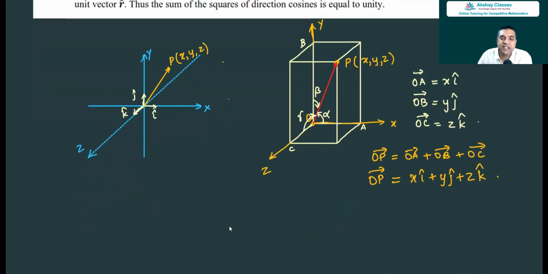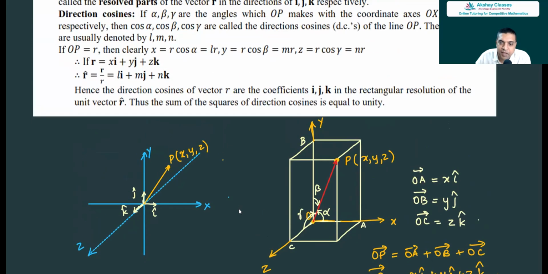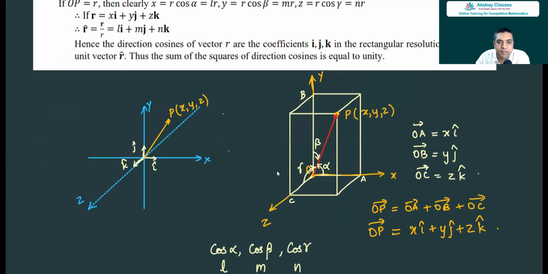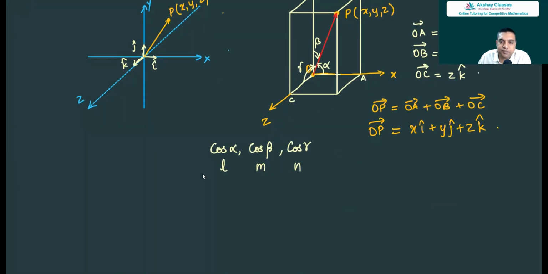So cos of these angles are called the directional cosines. Cos alpha, cos beta, cos gamma are called the directional cosines. They are represented by L, M, and N. Now, L, M, and N are such that the sum of squares, L square plus M square plus N square, will be 1.